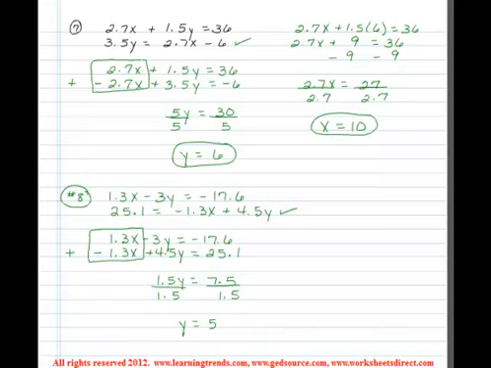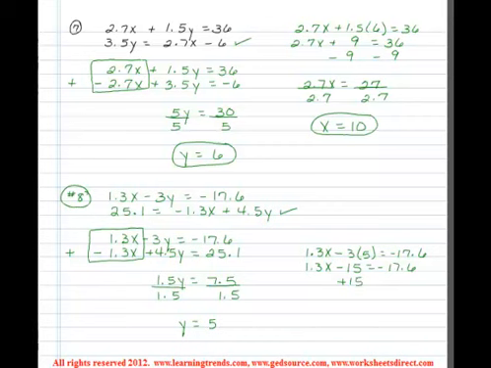So now we can take that 5 and let's substitute it into the first equation, and we can solve for x. So we're going to take 1.3x minus 3 times y, or 3 times 5, and that will give us negative 17.6. Let's continue this. 1.3x minus 15 equals negative 17.6.